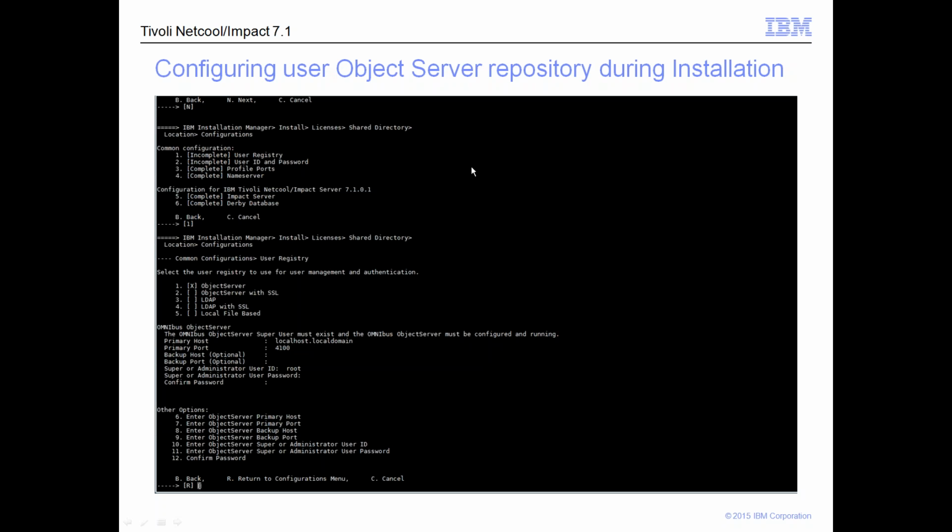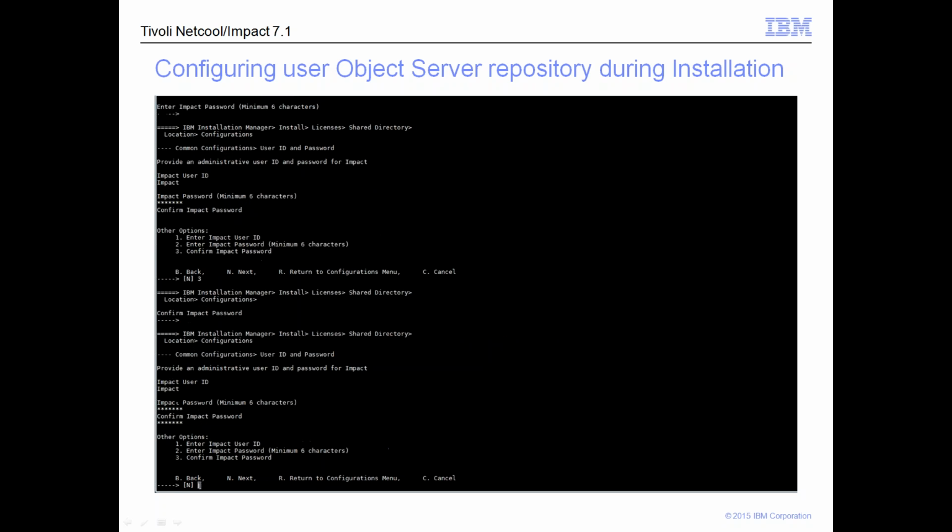During the installation, you're going to come to a point where it'll ask you to do the user registry, and at that point you can select one as the option for the object server. The default host, port, and user will already be there, so if you need to adjust those, which most will, you go ahead and do that.